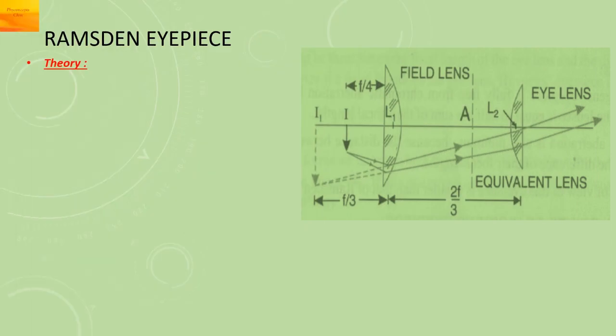Theory. Now in this diagram, the object and the objective are not shown. The objective will form a real inverted image of a distant object.